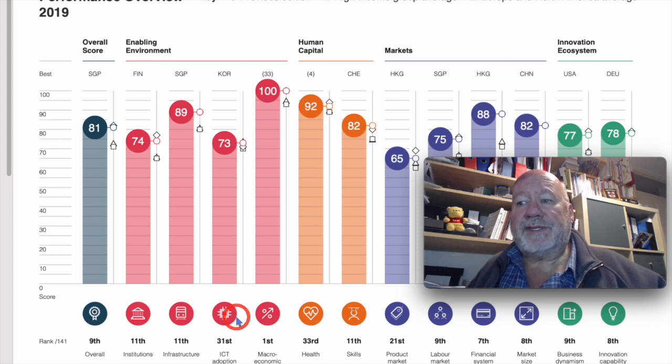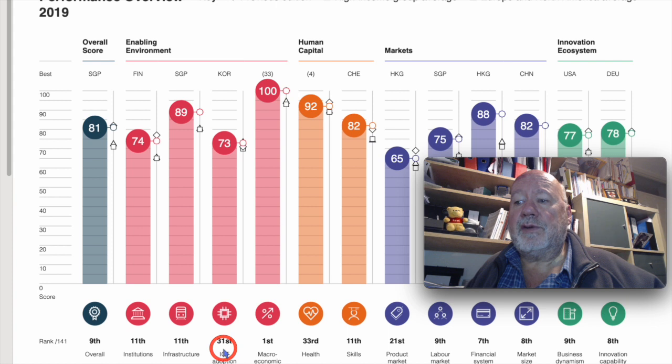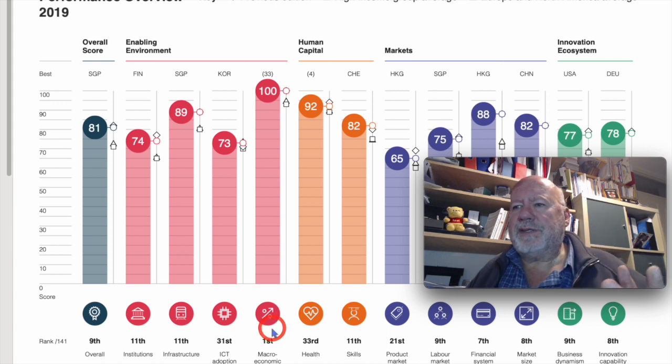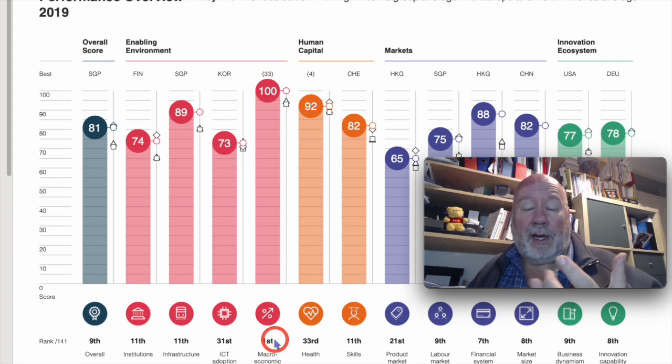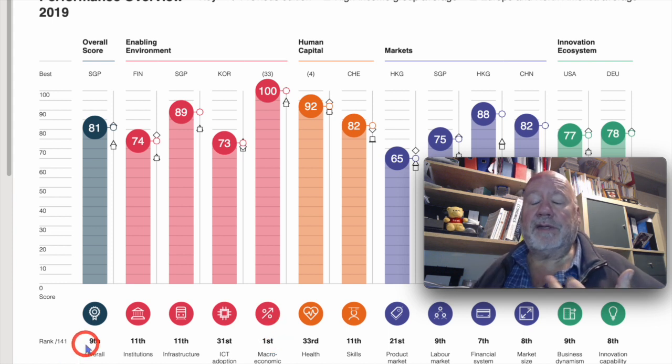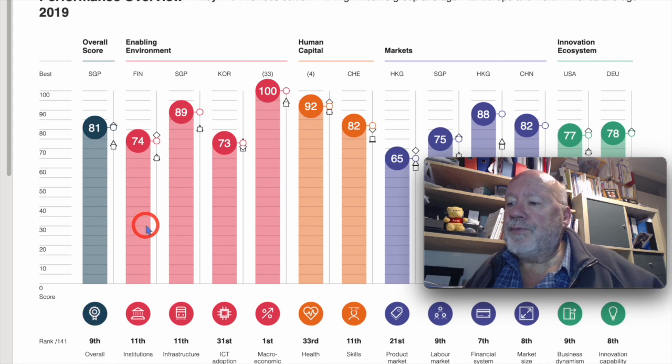You can see that we're pretty poor at that in the UK. We were down in 31st in the world. Macro stability, we were up at 1st. Now, given what's happened since then, I think that number has certainly come down. Our position in the world has decreased even from 9th in recent years, to be honest.